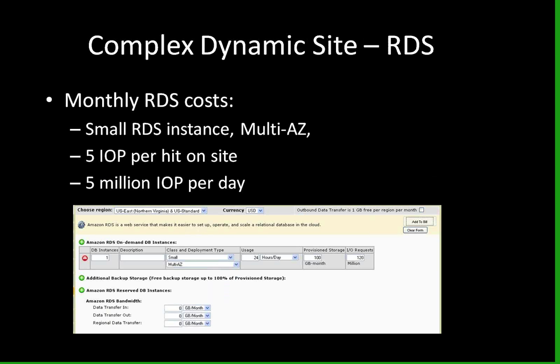We also need to enter in the cost of our relational database instance. So we're going to use a small RDS instance. This time we're going to use a multi-AZ instance so that we have both a primary and a secondary instance with automatic failover from primary to secondary. We have the 5 IOPS per hit on the site, which gives us, according to the math that we've already done, 5 million IOPS per day. We provision 100 gigabytes of storage, and so doing all the math, we come up with 120 million IOPS per month.